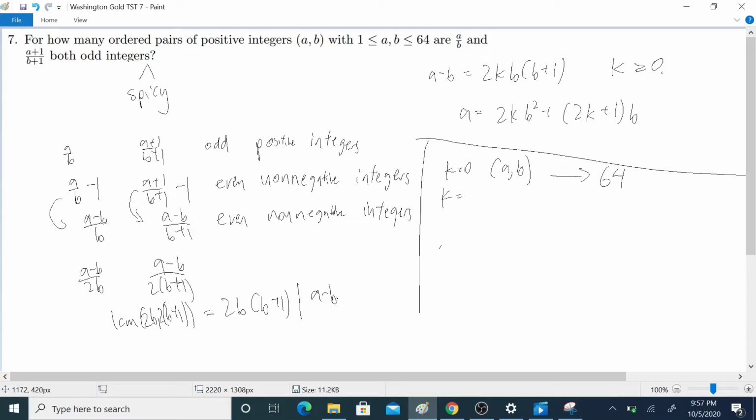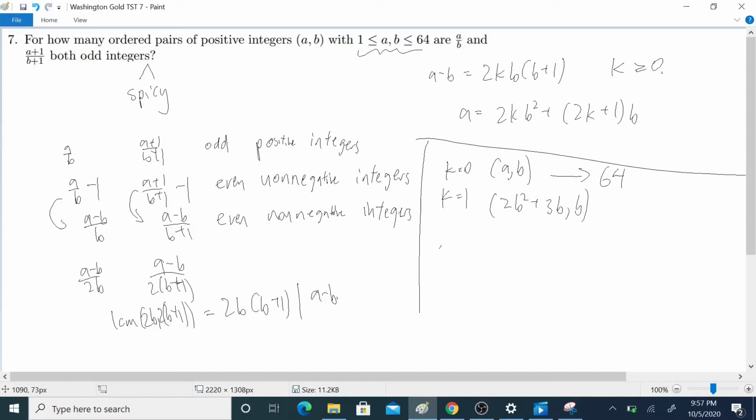What if k equals 1? In this case, pairs are of the form 2b squared plus 3b, comma b. And we know that 2b squared plus 3b is always greater than or equal to b in this range.